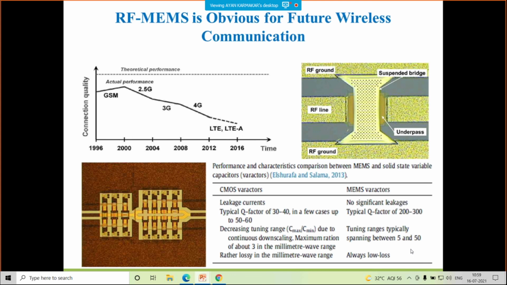So with all of these promises, if you want to see the future of wireless communication, from 4G, LTE and then 5G, ultimately you will come to know that silicon technology for RF application, whether it is IoT or 5G or higher frequencies like terahertz, is obvious.